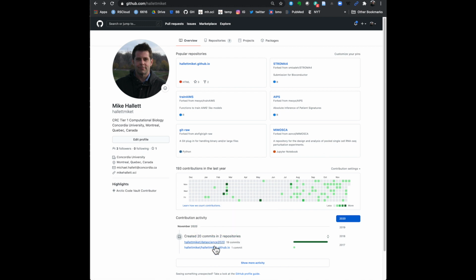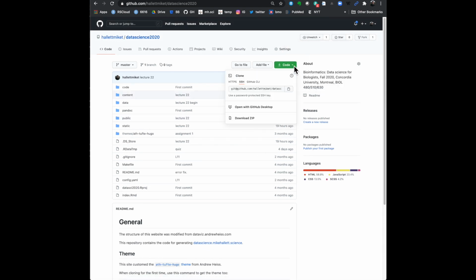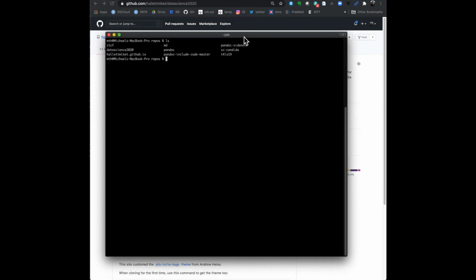You can come over to it and clone it. Essentially, you come in here and you can clone this repository, and it would copy all of the files of the system down to your local hard drive. I'm not going to do it now because I already have it. This is my personal machine, and here are some of my repositories.